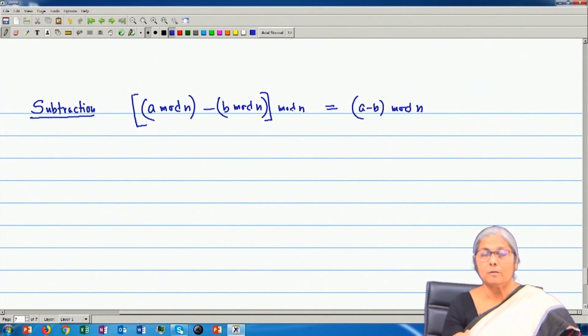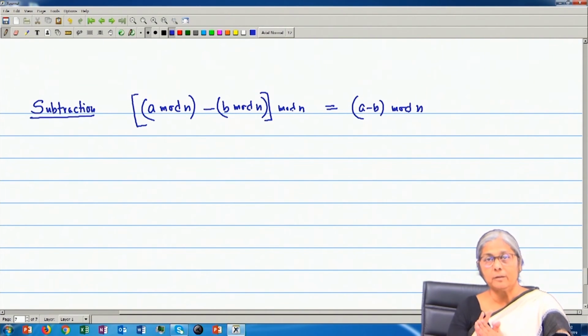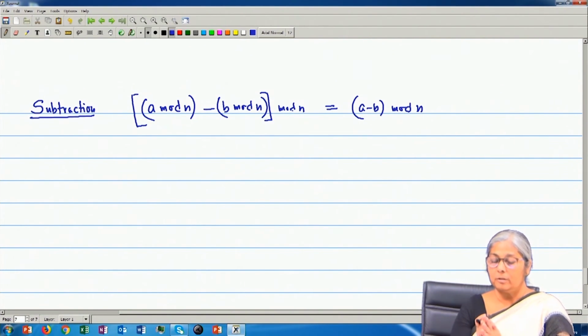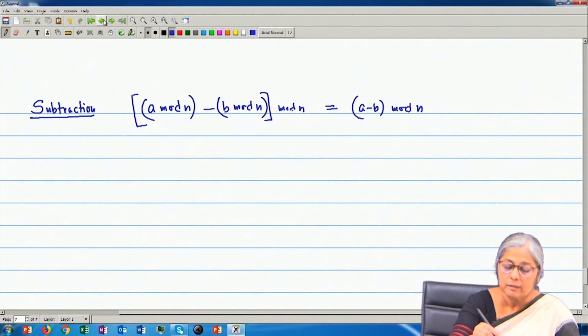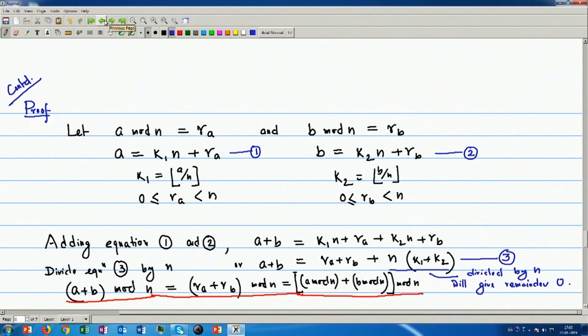The way we have proved the addition property for the modulo operator, we can do the same; only that where we added, this time we have to subtract equation 2 from equation 1, and the remaining things are the same.